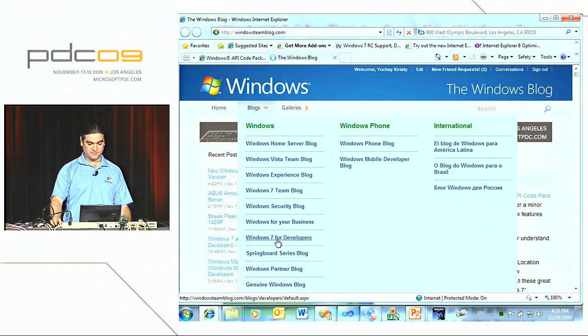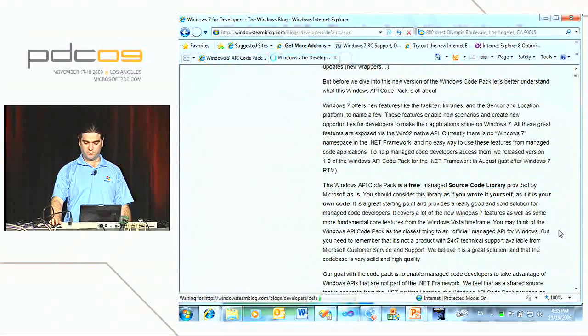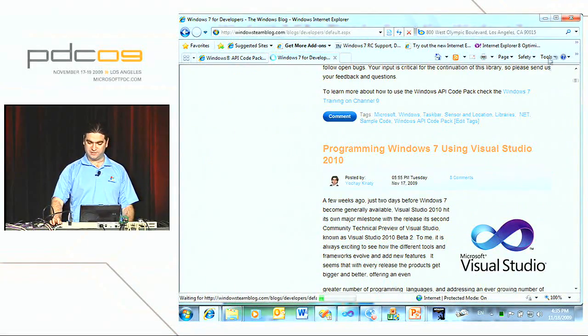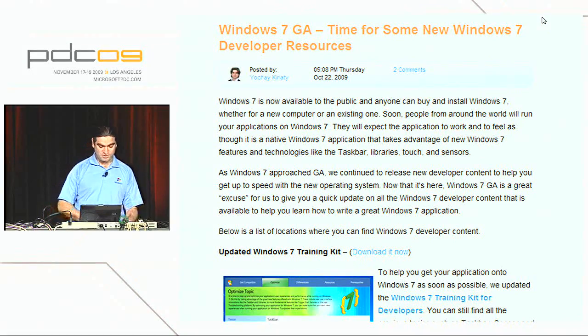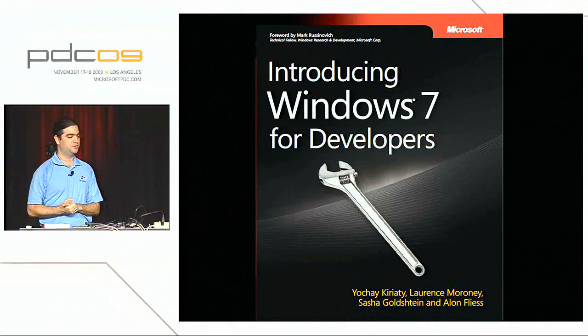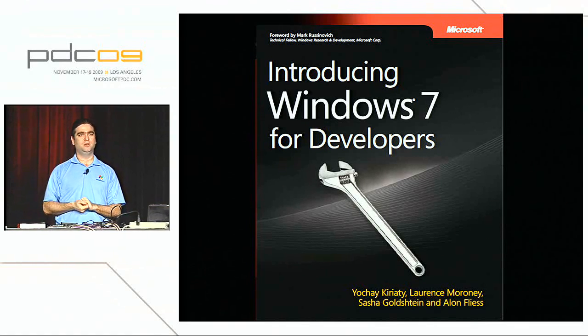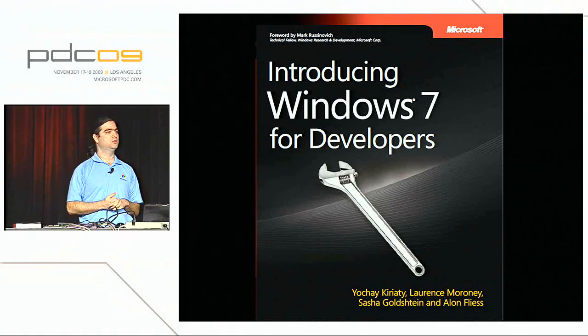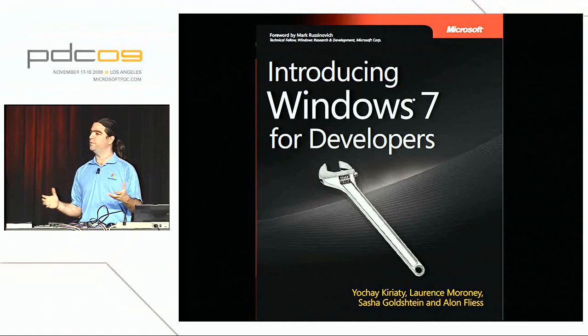One of them is the Windows 7 for developers, and here we are with a bunch of blogs about a lot of stuff. And recently, I had the opportunity to be a co-author of a book introducing Windows 7 for developers, which as far as I know is the first real developer book for Windows 7.